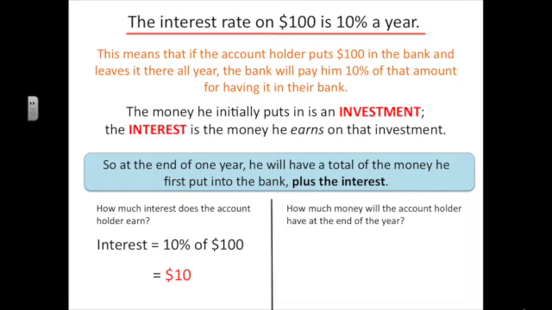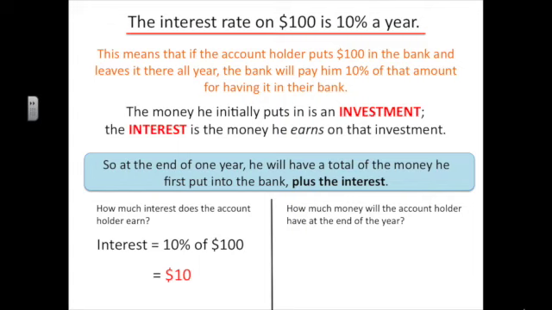Now let's take a look at the question on the right. How much money will the account holder have at the end of the year? Well, let's take a look back at this note here.